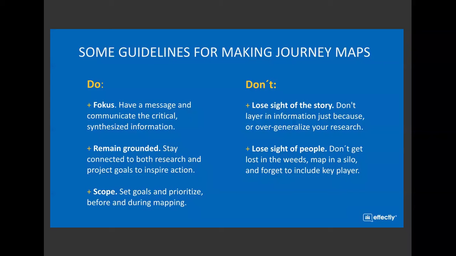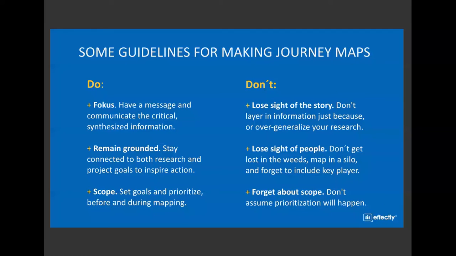Yes, let's dig into some other guidelines for making your journey maps. Some do's and don'ts here, and from my perspective, let's have focus, have a clear message and communicate the critical, synthesized information. It's super important.